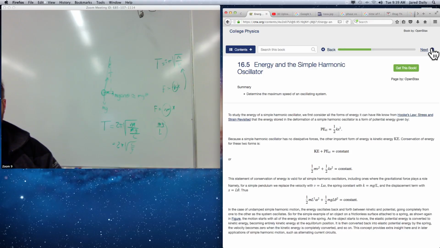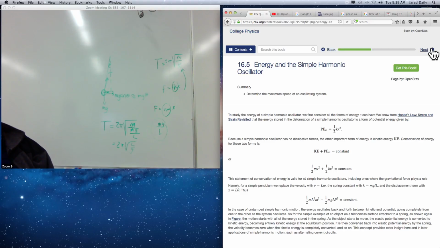Then energy in a simple harmonic oscillator. Of course, we already talked about the fact that if it's a spring oscillator, then you have 1/2 kx squared, and that's your potential energy in the spring, but you can also have kinetic energy, 1/2 mv squared. And then you can also have gravitational potential energy, which is mgh.